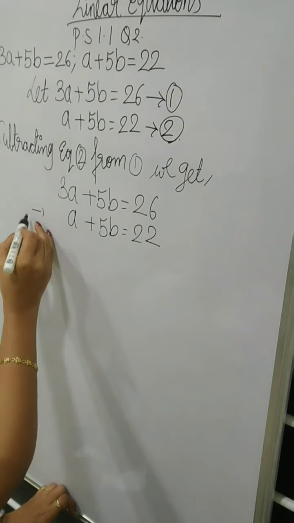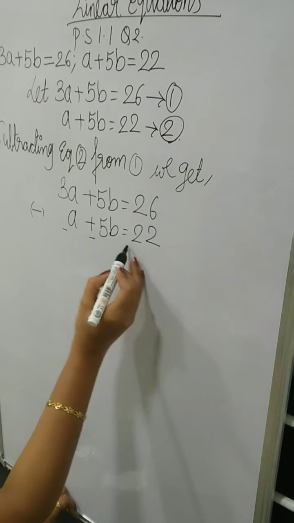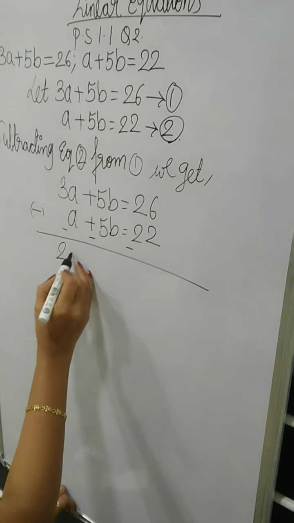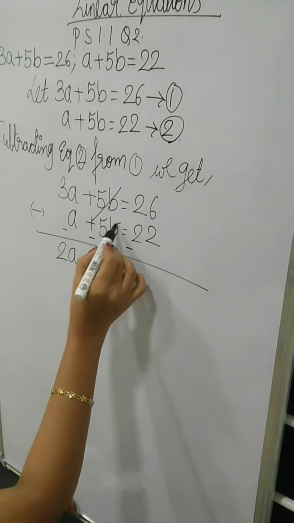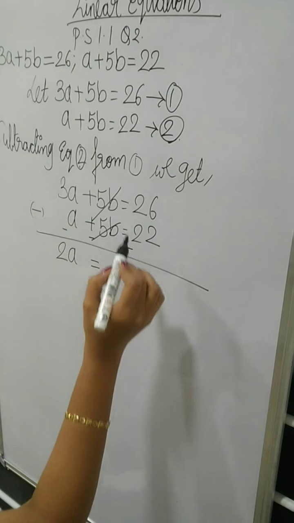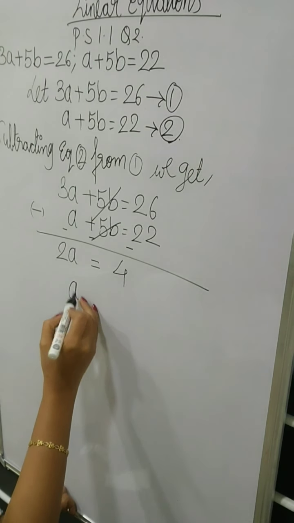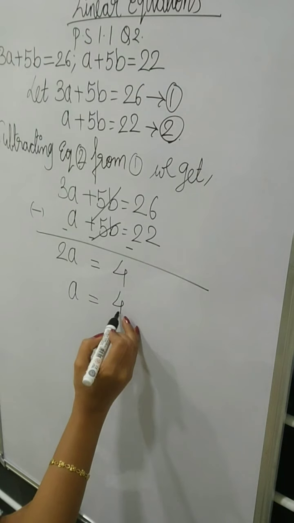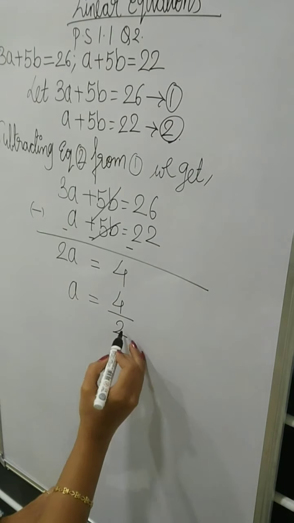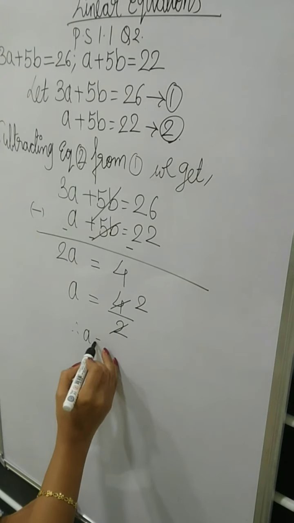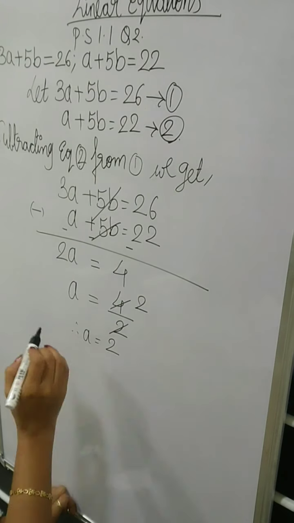As I'm going to do subtraction, all the signs are going to change here. So 3a minus a is 2a, plus 5b minus 5b gets cancelled. 26 minus 22 gives us 4. So 2a is equal to 4, and when I divide, I get the value of a as 2.